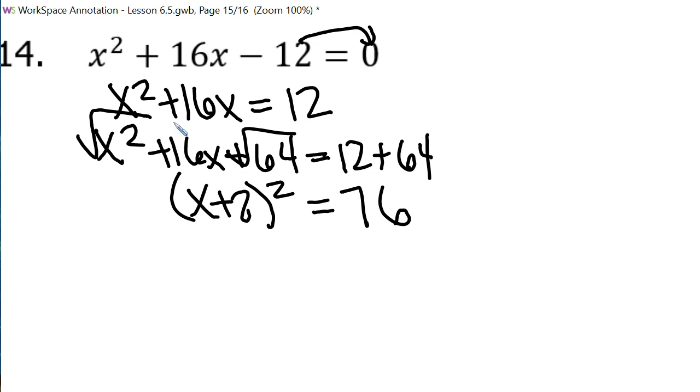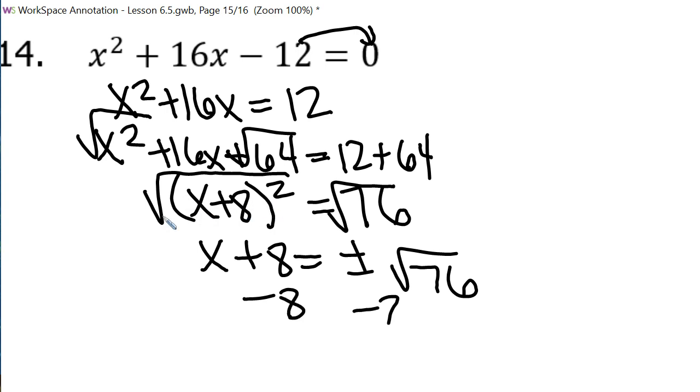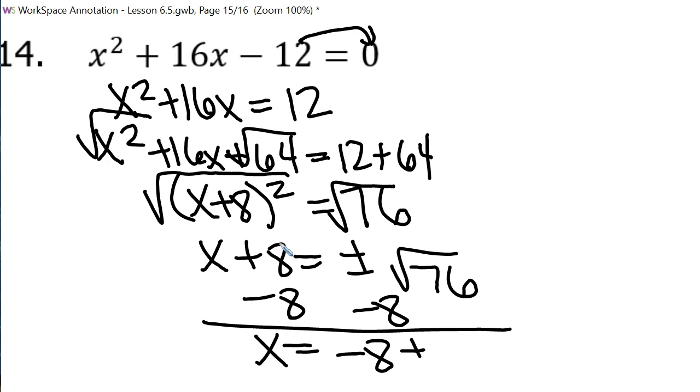The opposite of squaring would be square root both sides. So that gives us x plus 8 equals plus or minus the square root of 76. What's next? Subtract 8 to both sides. So x equals negative 8 plus or minus the square root of 76.